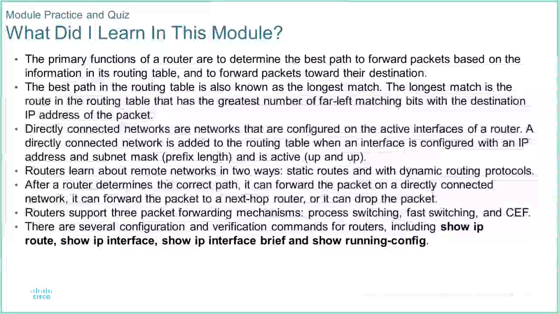And then we looked at how networks get added to the routing function. So the fact that we have directly connected, static and dynamic ways of adding paths into our tables.